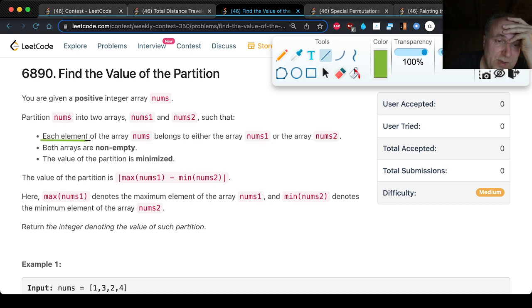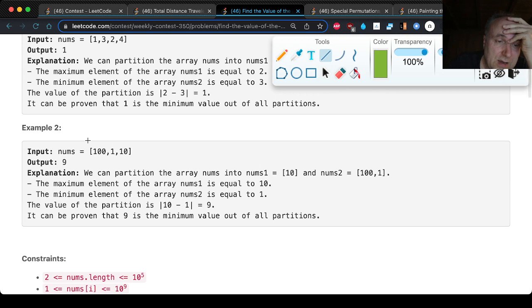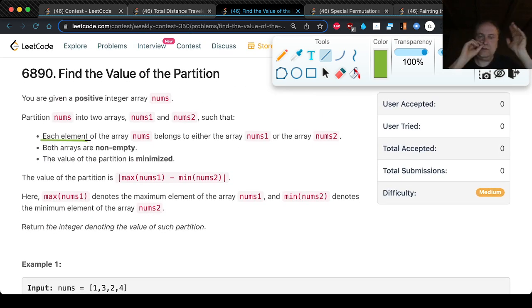So they don't have to be together. This is confusing. Oh shit. I think, wait. Okay, so I have 11 minutes. Okay, so now.